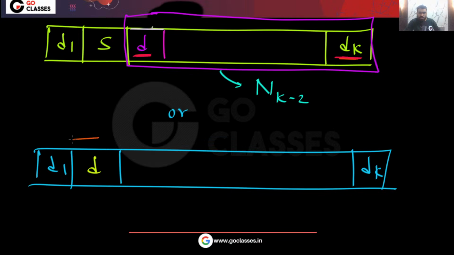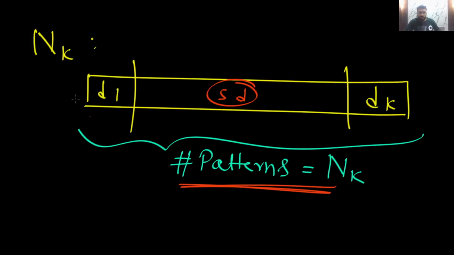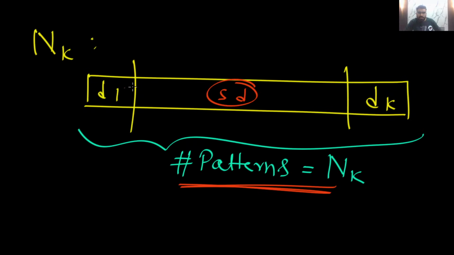Similarly, tell me how many such patterns are there which start with a digit and end with a digit? Remember, nk is the number of patterns which start with a digit and end with a digit. For example, what is n5? n5 is this type of pattern starting with a digit and ending with a digit. And if there is a sign in between, then it must be followed by a digit.